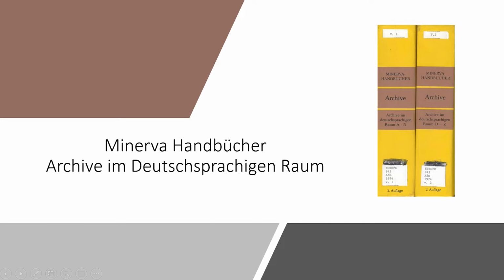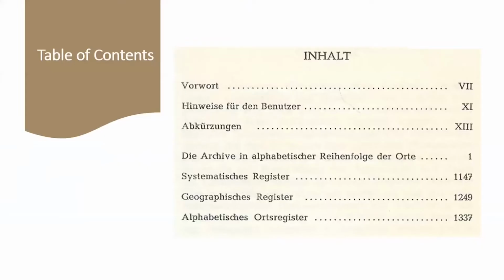This is Minerva, Handbücher, Archive im deutschsprachigen Raum, archives in German-speaking areas. This is one of the best resources for identifying archives and their holdings. It even includes areas of Germany that were lost to other countries after World War I and World War II. At the beginning of the book, there is a table of contents.